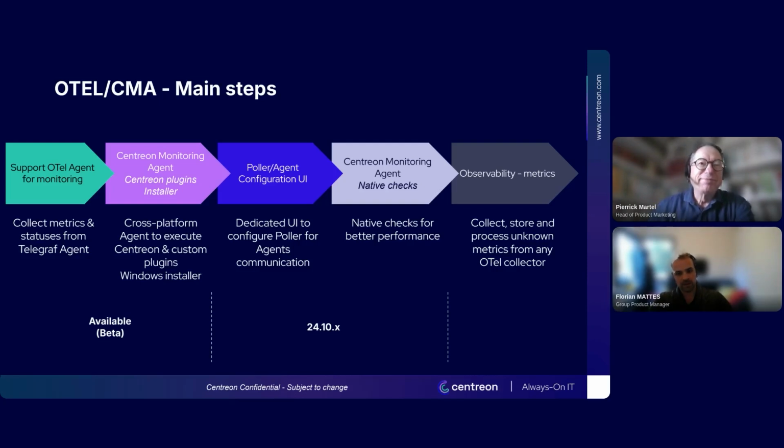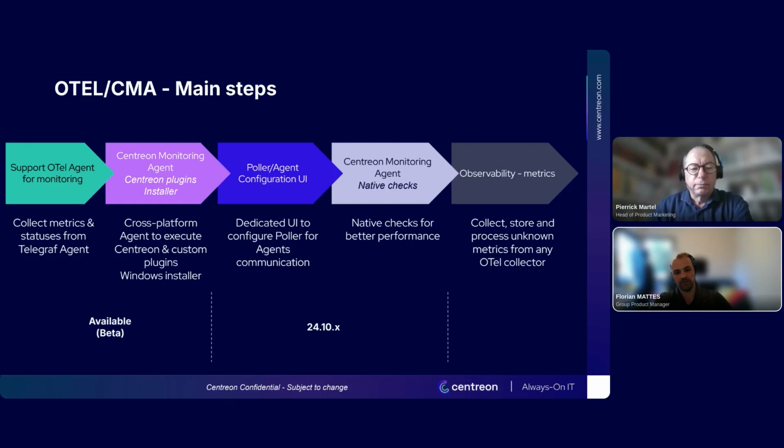Cool. In parallel of this work, the team in charge of developing the agent is working on native checks. So the goal here is to add, especially for the Windows agent, but it's for both, a lot of checks which are not Centreon plugins, but which are native, so better performance.